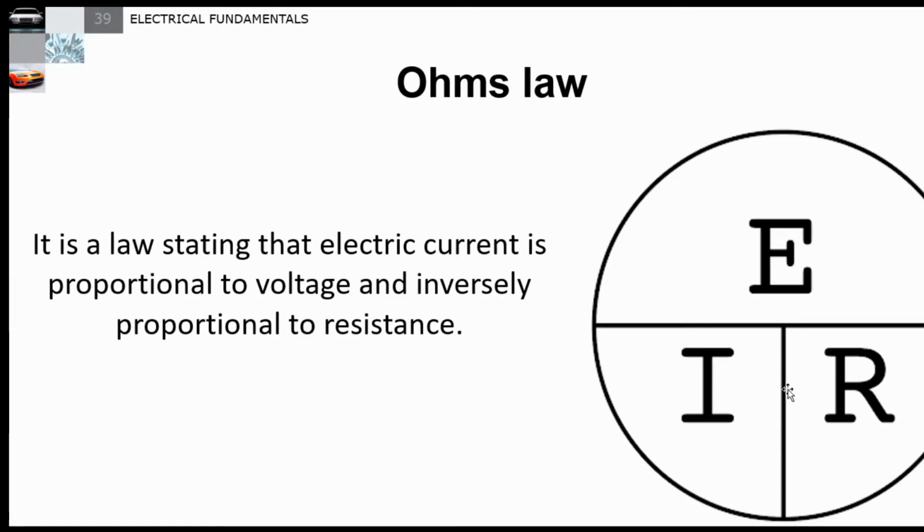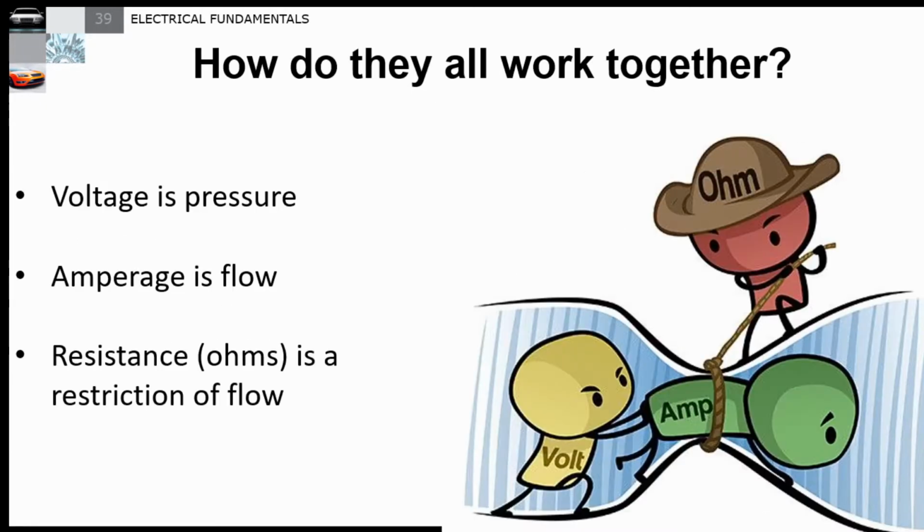Okay? So let's take one step back and remember what our three basic units of electrical measurement are. We have voltage, which would be the pressure of a water pipe. Amperage, which is the quantity of flow of water through the pipe.